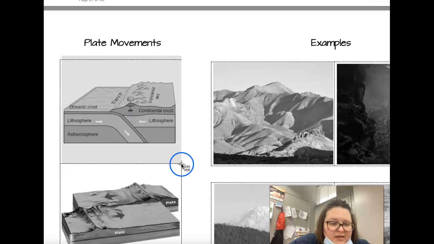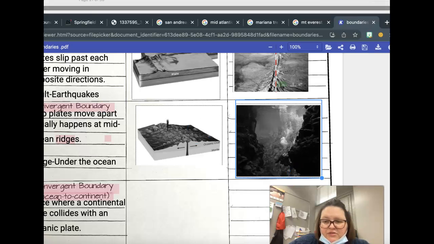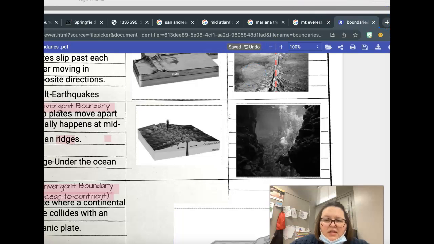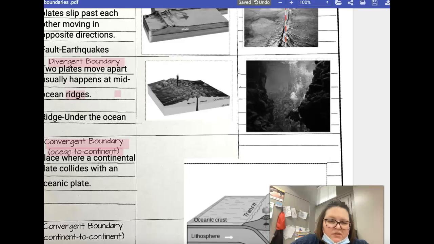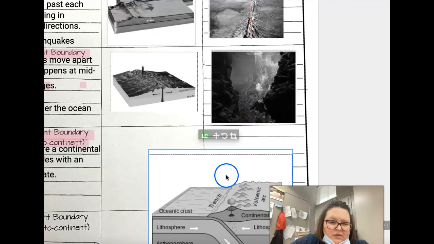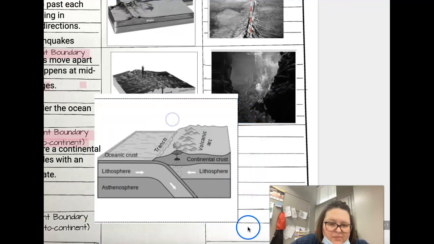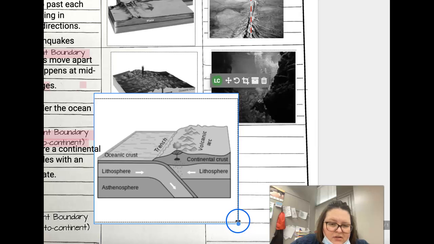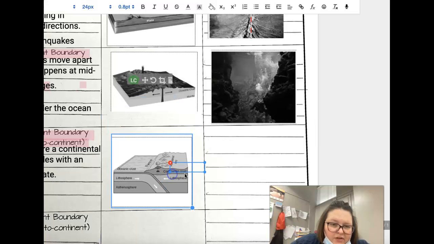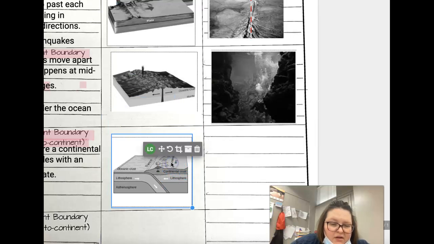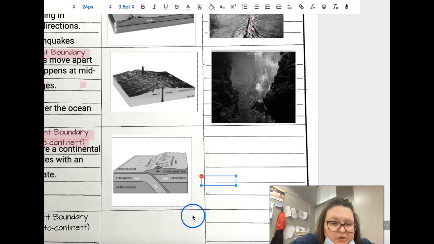Go ahead and make sure you cut that out with your scissors, and you're going to paste it onto the paper in the movement column. So let me get this moved into a better direction. Maybe I'm going to shrink it, maybe not. Here we go. Very nice. Cut that out and paste it onto this middle column.